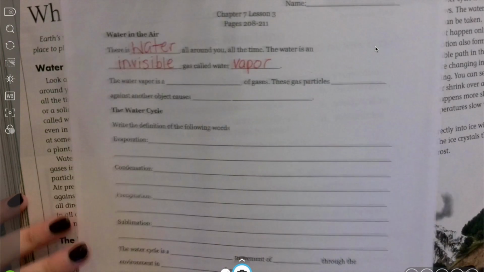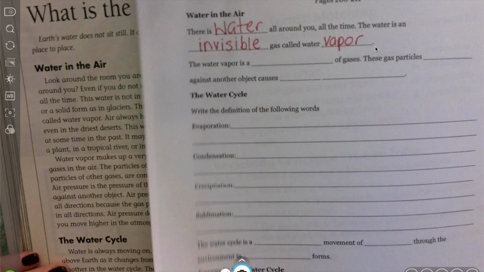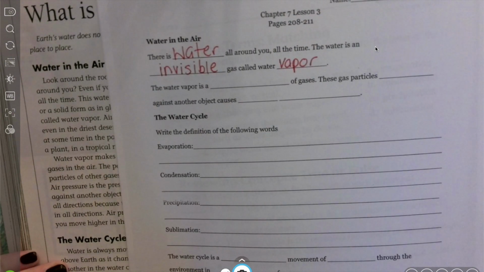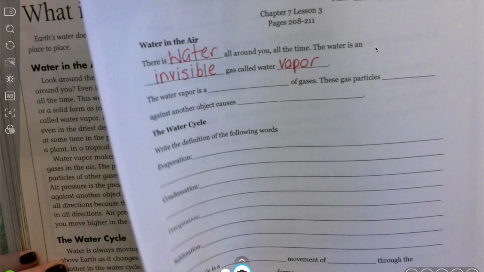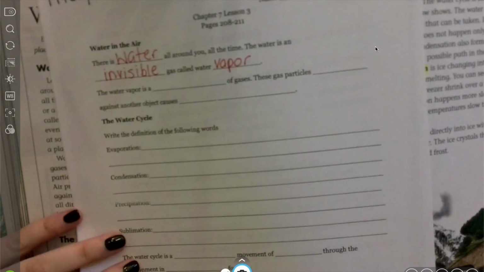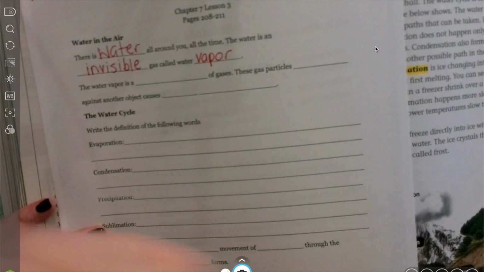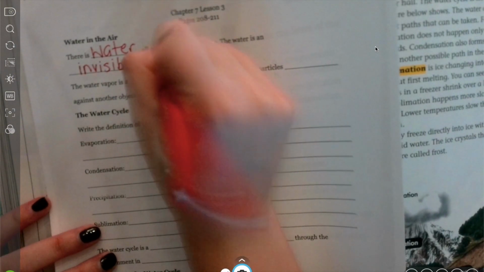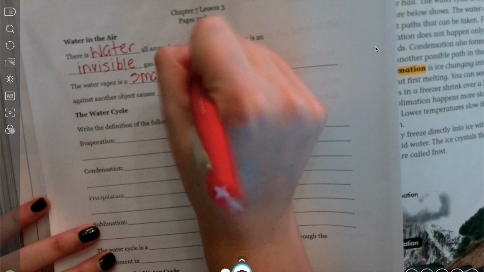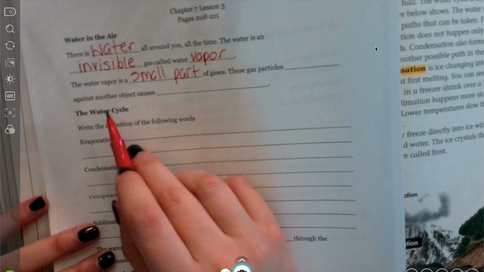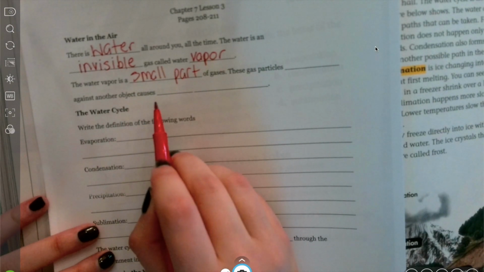All right, going to fill in our notes. The water vapor is a small fraction of gases. These gas particles push against another object, causing air pressure.